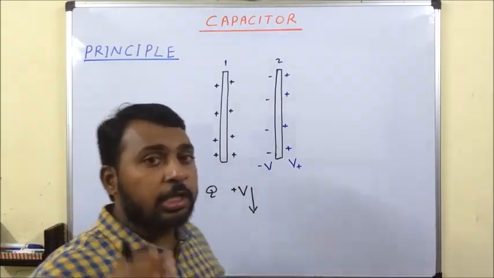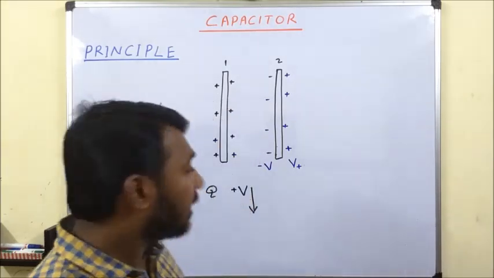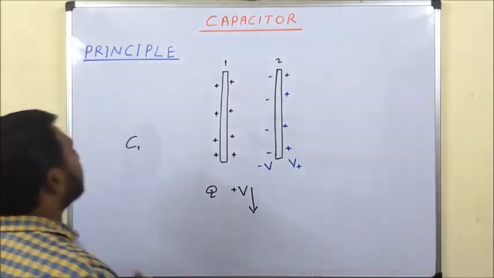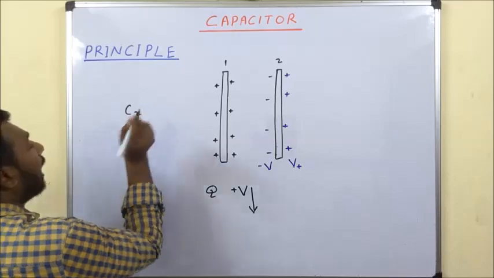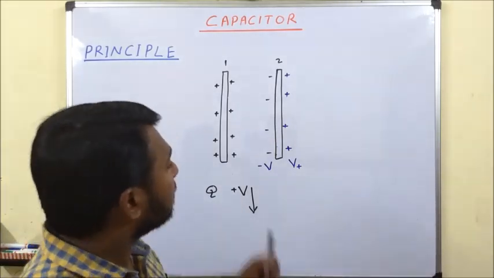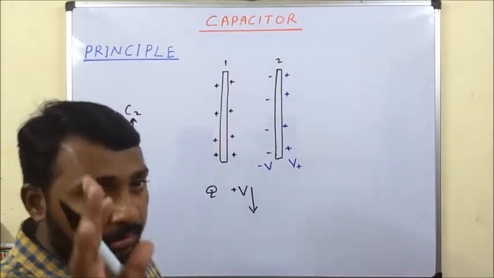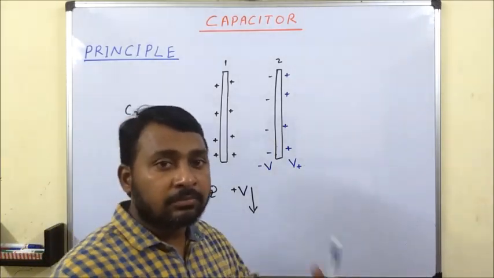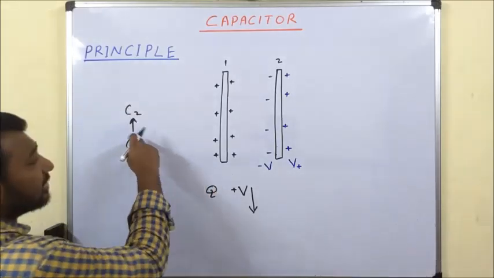Remember, if the potential is decreased, it means you can add more charge. That means its capacitance has increased. So let's consider its capacitance has slightly increased to a new value, let it be C2. What was the reason? The presence of this second plate. Now I'm charging it further, because the capacitance has increased.